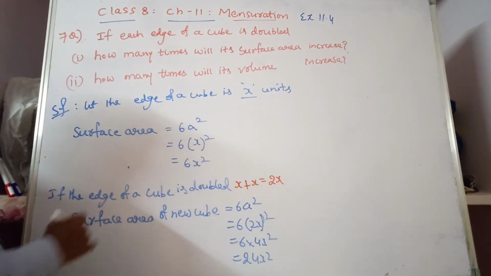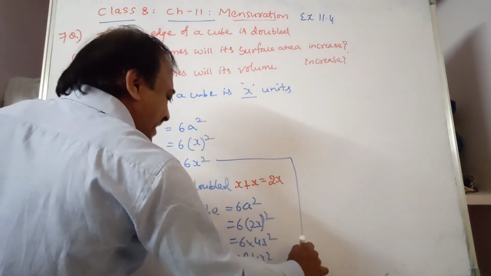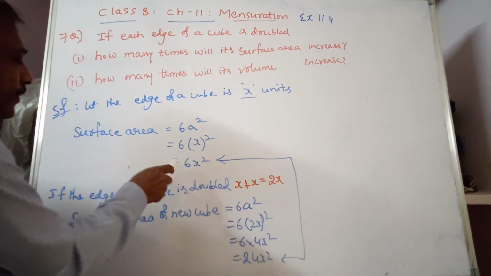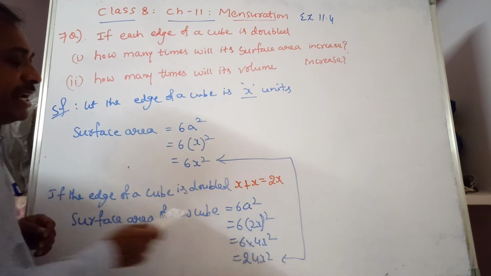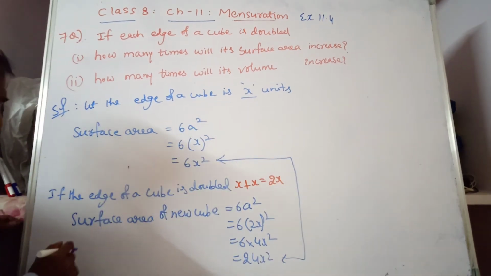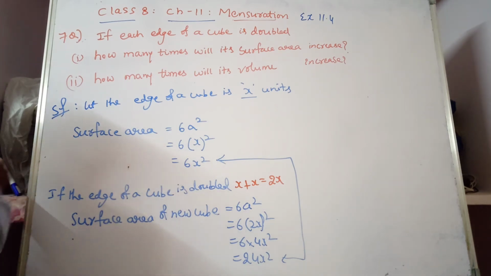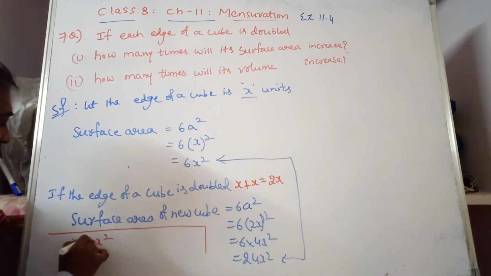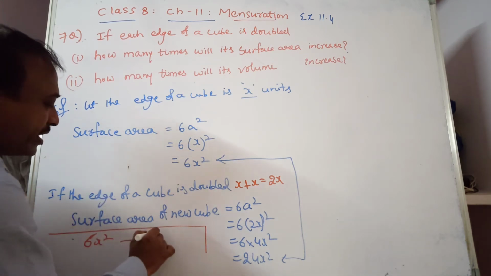Now you see how many times the surface area is increasing. Before it was 6x square. After doubling the edge, the surface area becomes 24x square. First it was 6x square, and when it is doubled, it became 24x square.